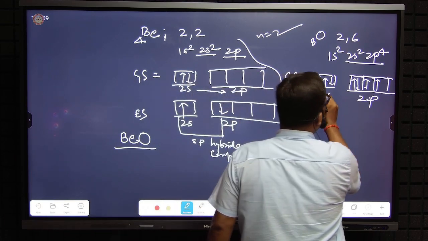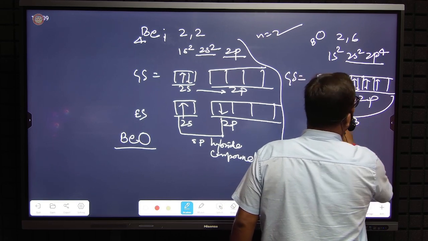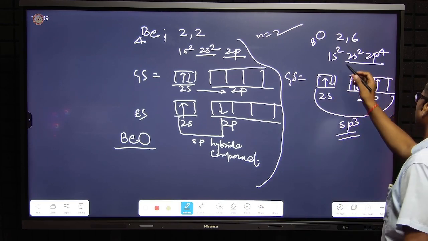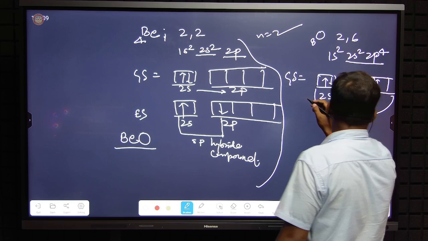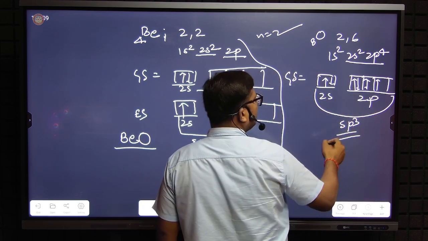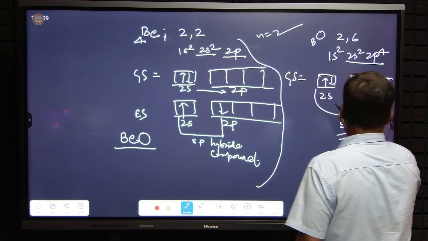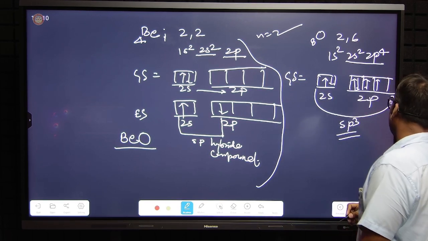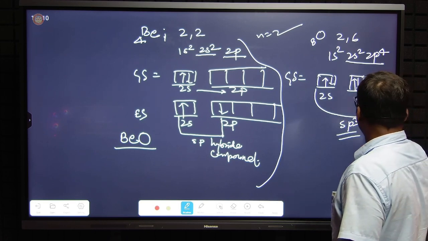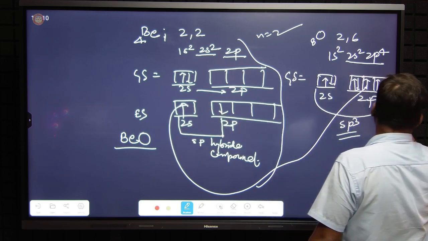In the oxygen, they form sp3 hybrid orbitals, in the ground state, not the excited state. Two unpaired electrons can form a bond.